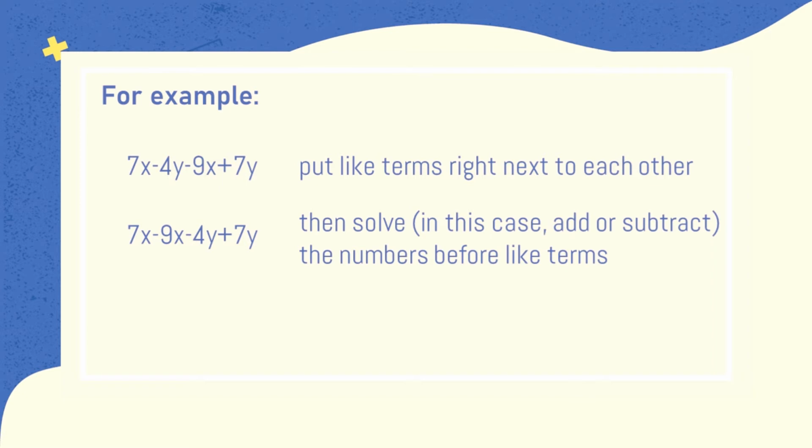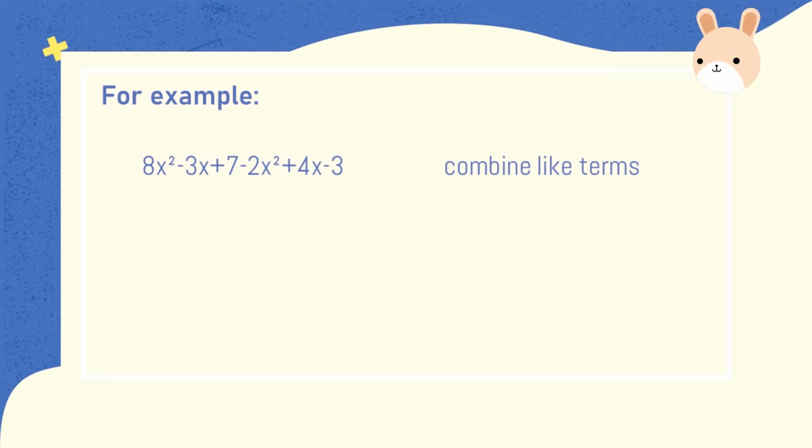Then solve the numbers before like terms. 7x minus 9x is equal to negative 2x, while negative 4y plus 7y is equal to 3y. So that is our final answer: negative 2x plus 3y.